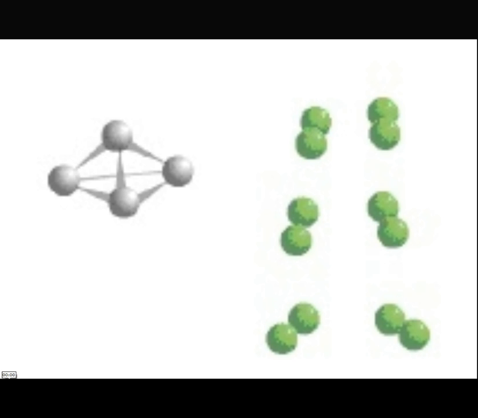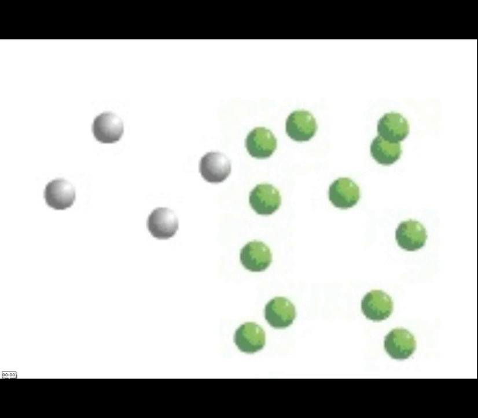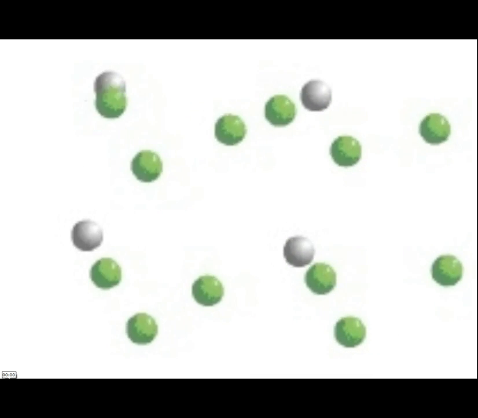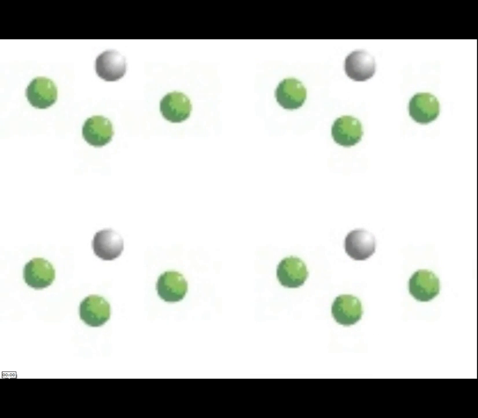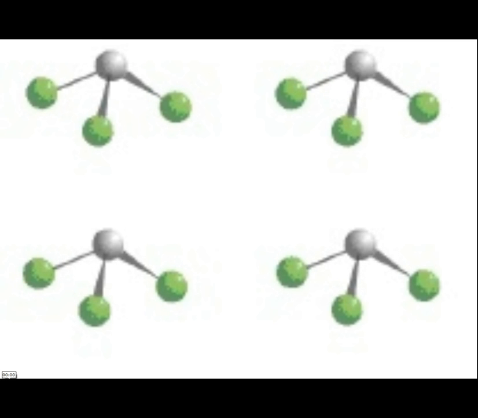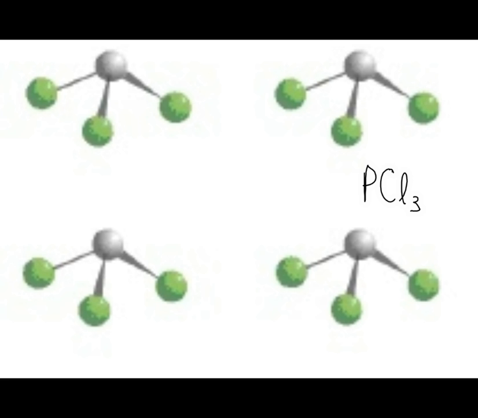In the reaction of a single P4 molecule with 6 Cl2 molecules, 4 molecules of PCl3 are produced. Okay, so here's our result, PCl3, and this is a little bit of a different chemical reaction because we're told that we start out with this P4 molecule. So that's some form of phosphorus as an element.